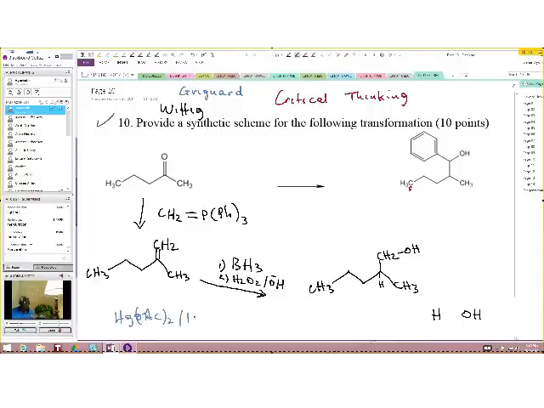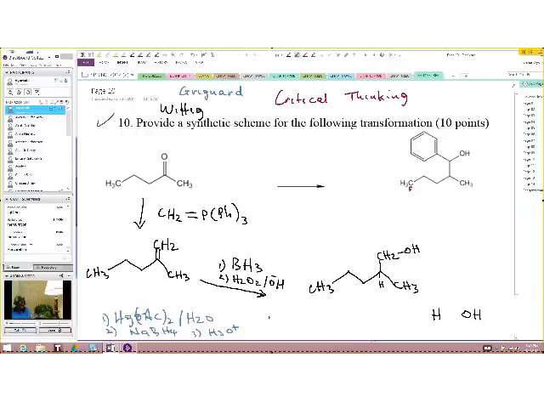Mercury acetate in water is step 1, then step 2, you add sodium borohydride, followed by step 3, hydrogen.